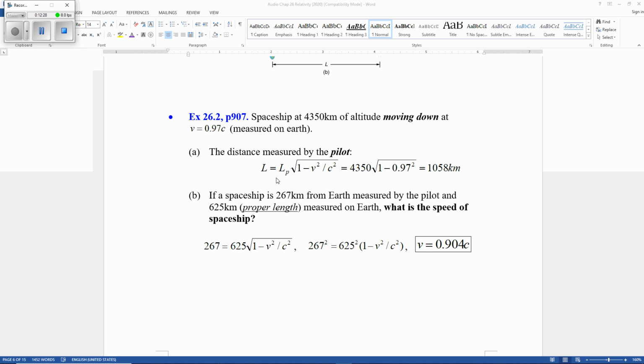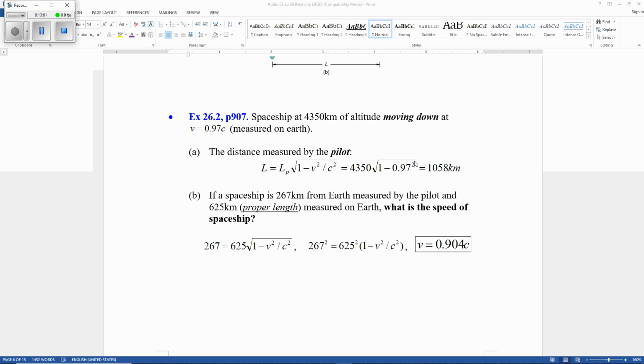Use this equation: L equals proper length times the square root of 1 minus v squared over c squared. L_P is given, then 1 minus 0.97 squared. Again, c squared here and c squared there cancel.